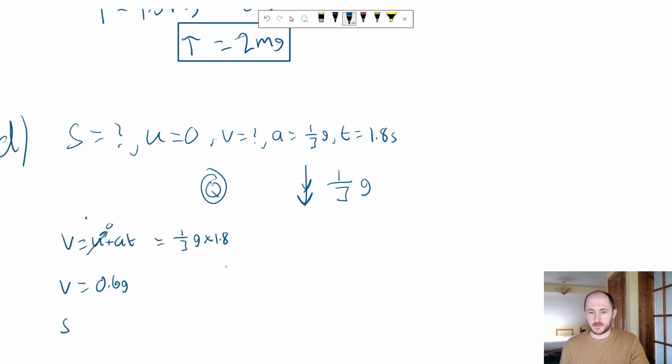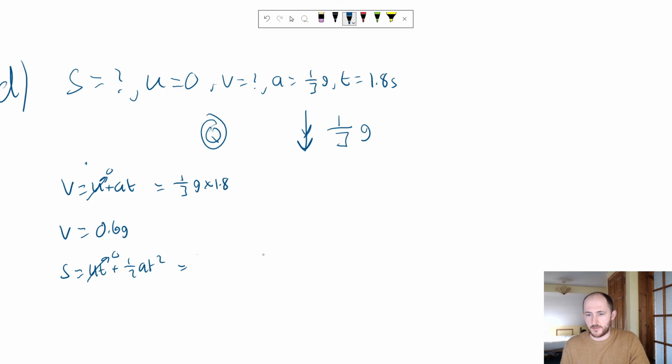So then for S, what should we use? What would be a good one? You could use S equals UT plus a half AT squared. Yeah, why not? U is 0, and that means we get a half, a third g, T squared is 1.8 squared.